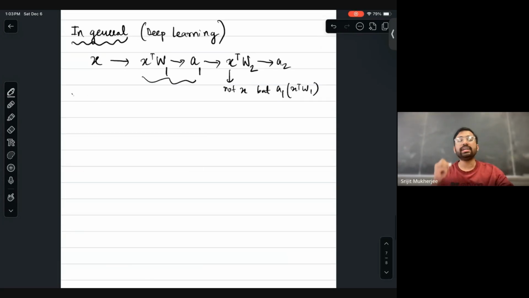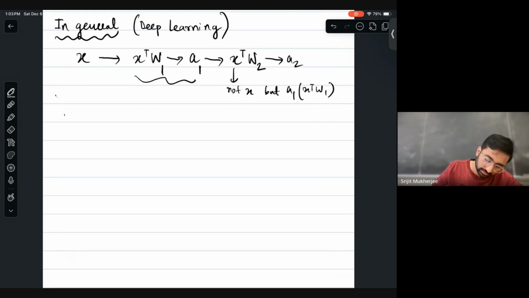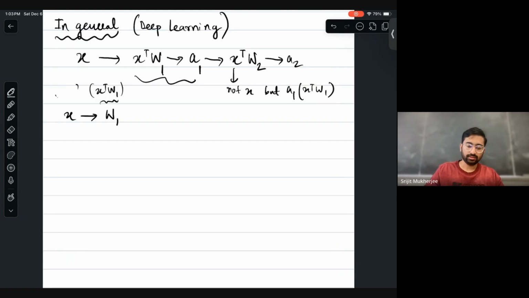So we define those as layers. X, then we call it the W1 layer. When I say the W1 layer, it means essentially X transpose W1 as a function. And then the A function. And then again the W2 function, the layer. So we call it a layer, but every layer is correspondingly a function.